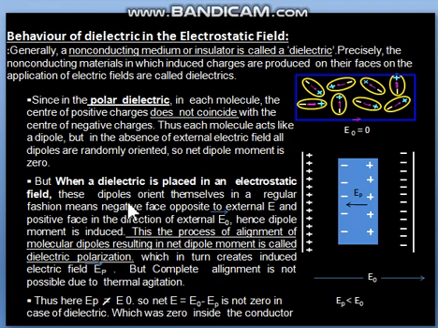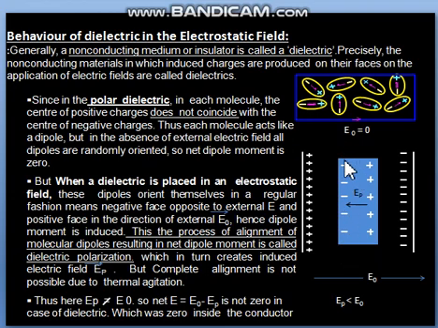Now in case the dielectric is placed in the external electric field, let us see the second diagram. In this, the external electric field E0 is applied with the help of oppositely charged plates, and now we are placing a dielectric in this external electric field. What change will happen? Very simple.